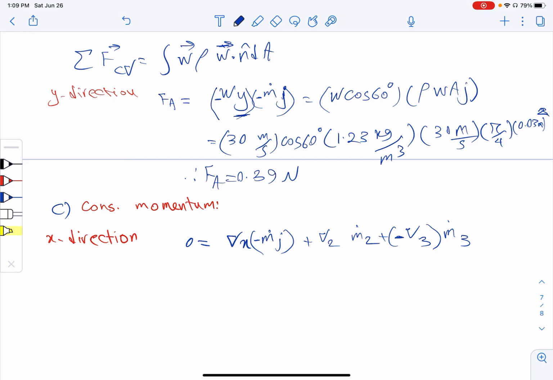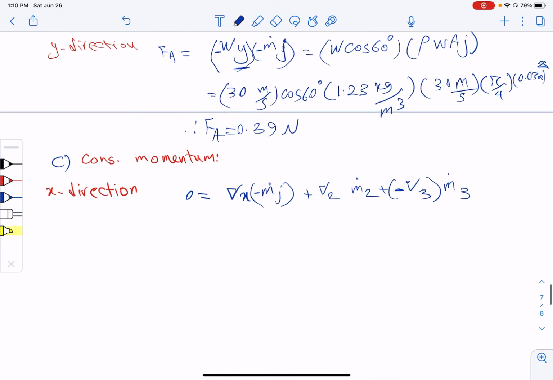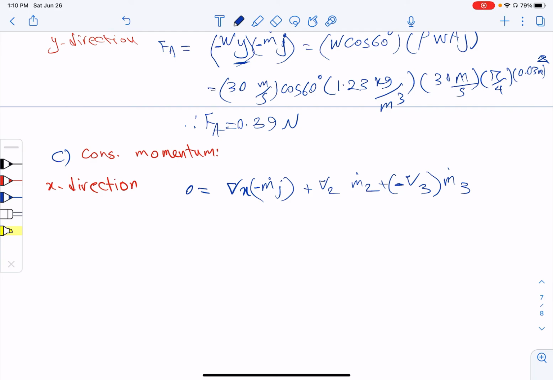And now if we look at the assumptions that we made, we said that we have inviscid flow, right? When we have inviscid flow, all of the velocities are the same, so there is no change in velocity. So I can just delete all of the velocities, because they are the same, right?